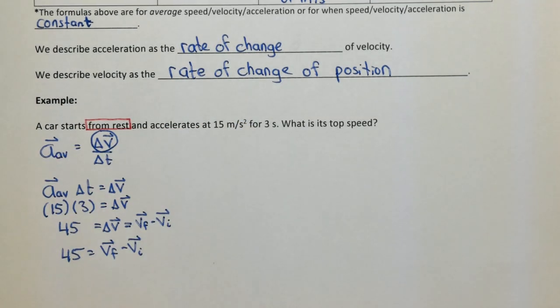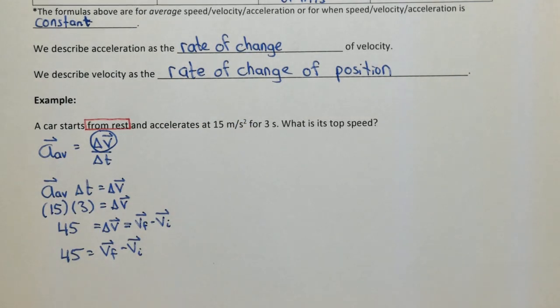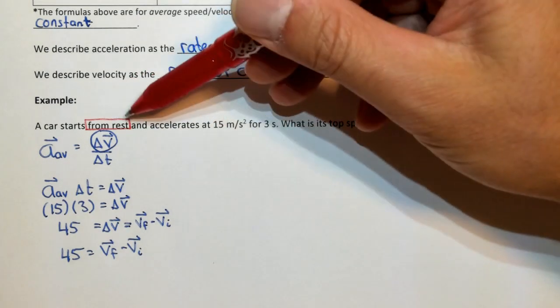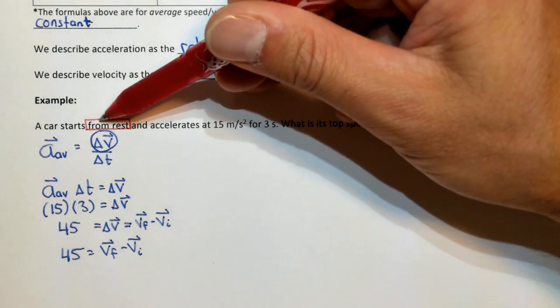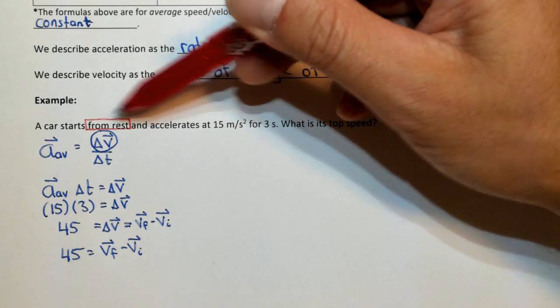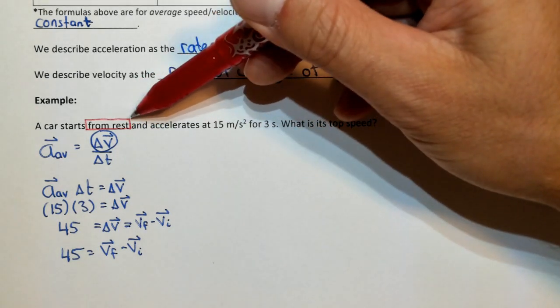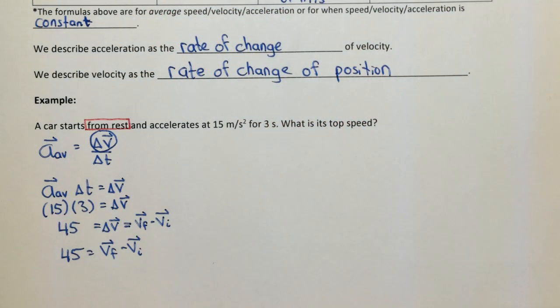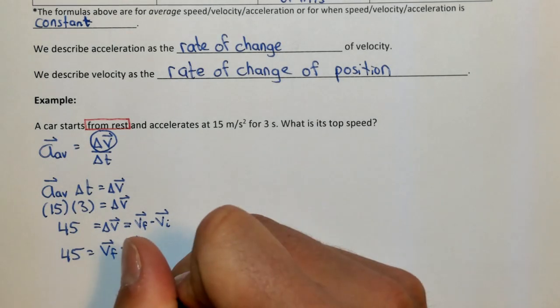Whenever you talk about an object doing something from rest, that means when it starts out, it's at rest, or it's not moving. Meaning at the beginning, its velocity is 0. In our formula, that means that this guy, Vi, is 0. It starts from rest, so Vi is 0.